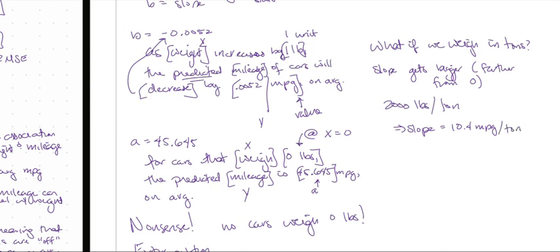So for each new unit increase in x, for every 1 ton increase in the weight of a car, we predict the mileage to decrease by 10.4 miles per gallon. Excuse me, I keep getting these variables confused. And that is easier to interpret.